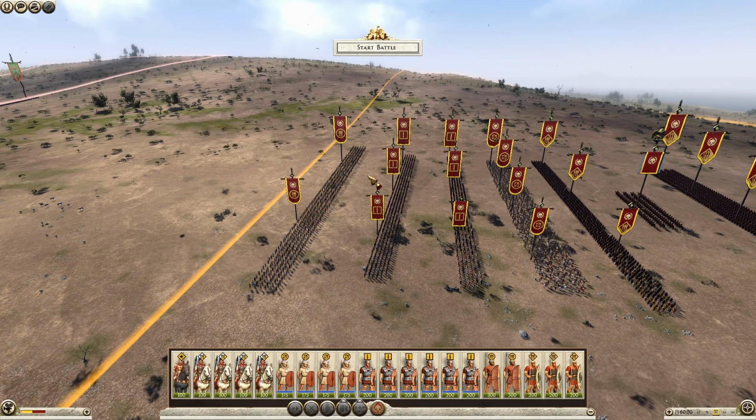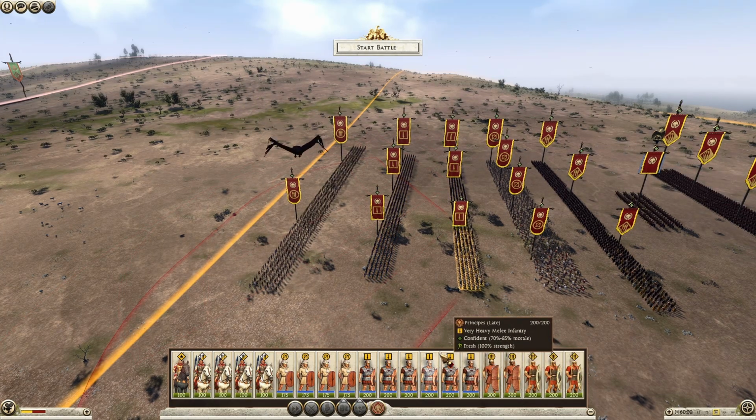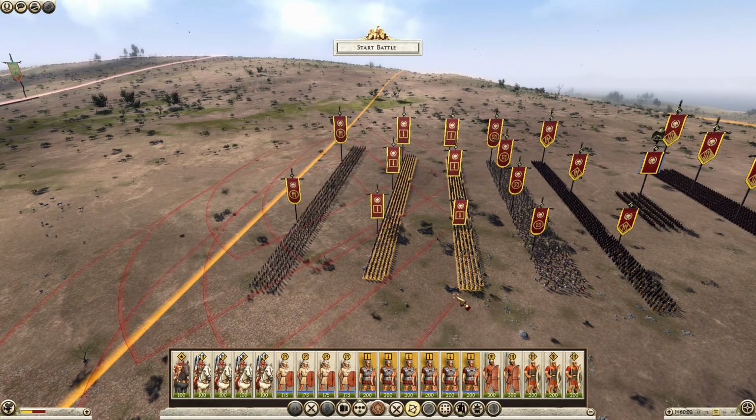They still use the second class population just like the Principes, and they are much worse. You can just use 6 units of Principes and no hastati at all.